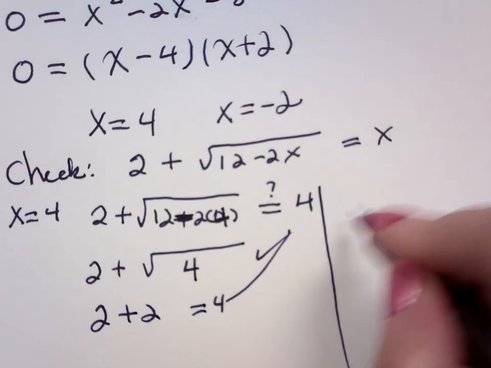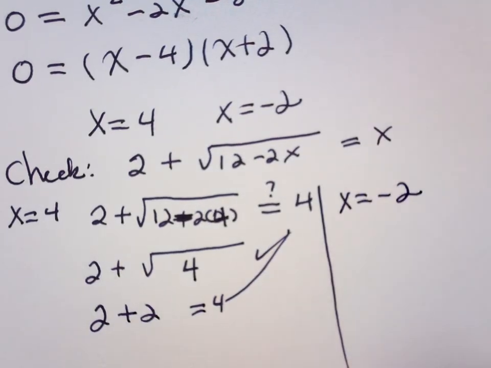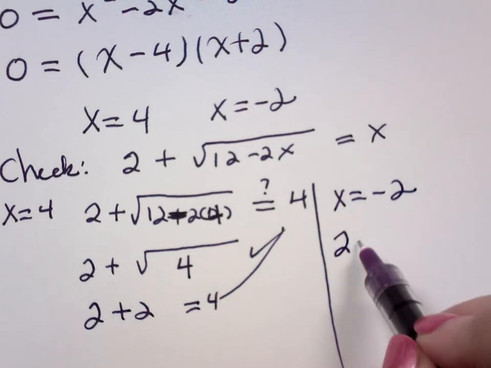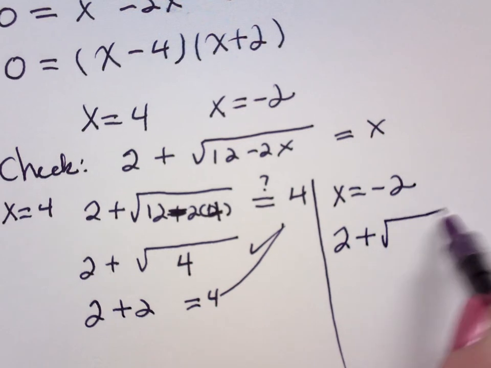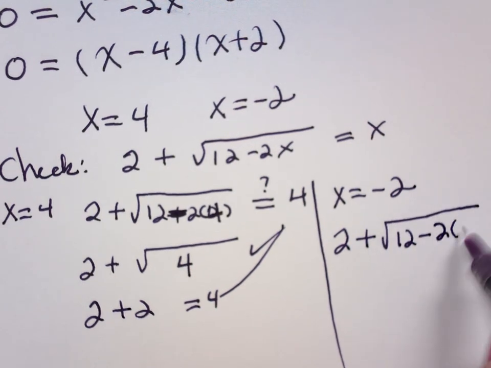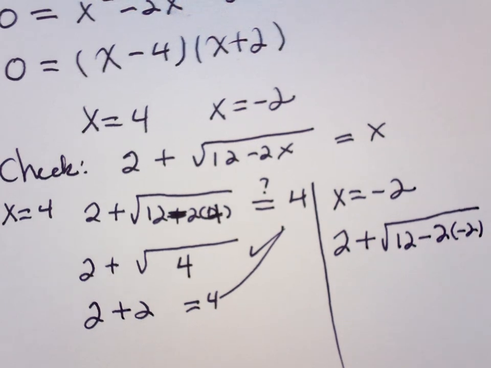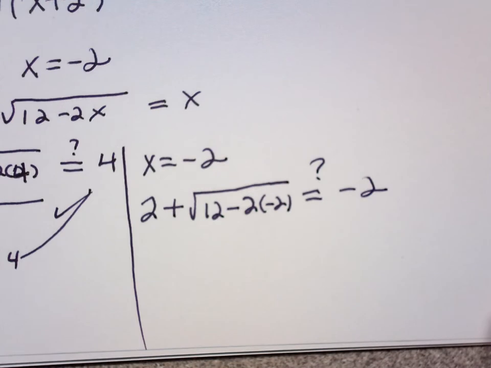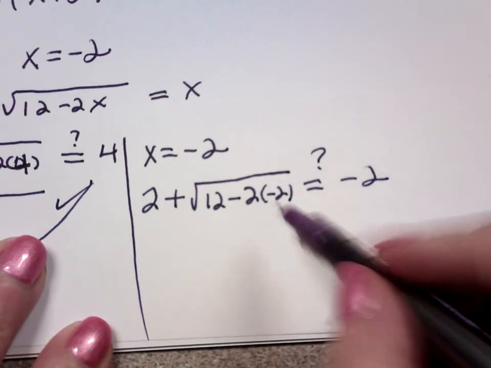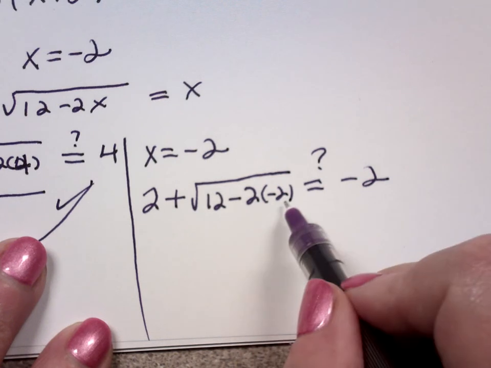Well, suppose x equals negative 2. Is it true that 2 plus the square root of 12 minus 2 times minus 2, is that equal to minus 2? Well, this is 12 plus 4 is 16.